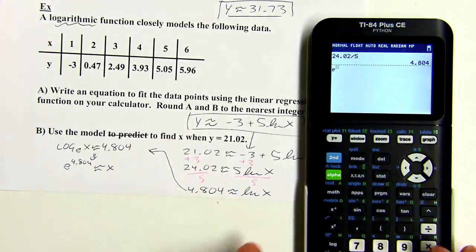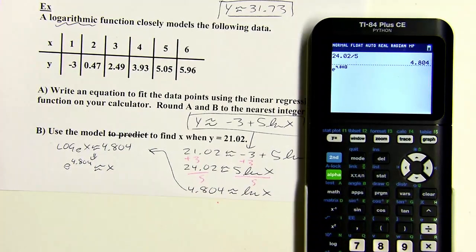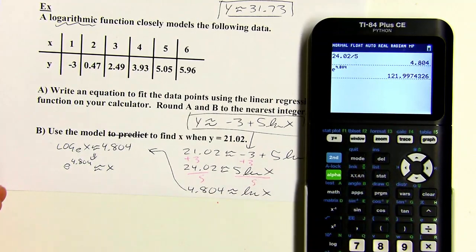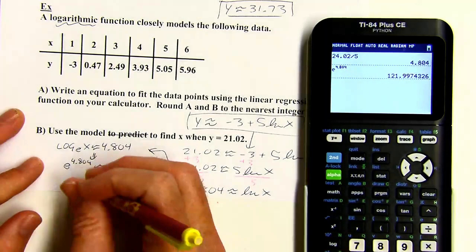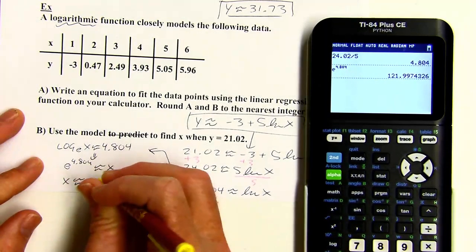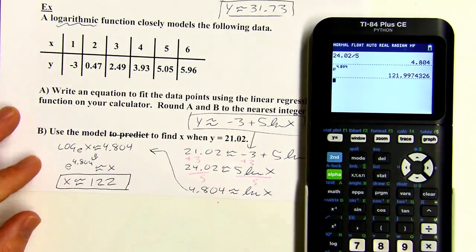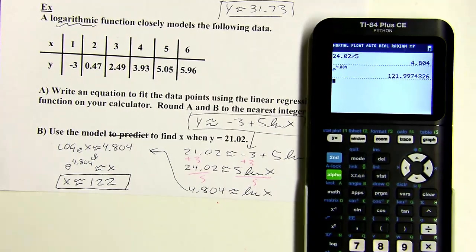So I've got e raised to the 4.804, and now I've got 121.997. I'm just going to round that to 122. It's pretty close to 122. Okay, and there's my x value. All right, and that is the end of the lesson, and I'll see you next time.